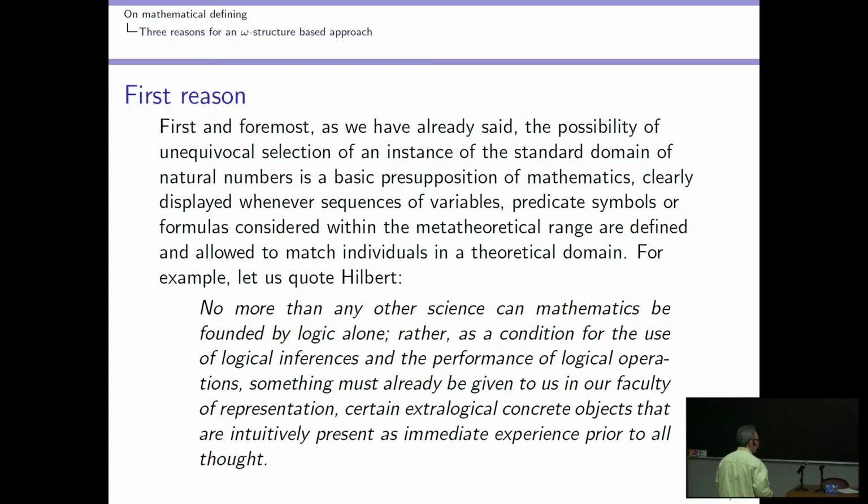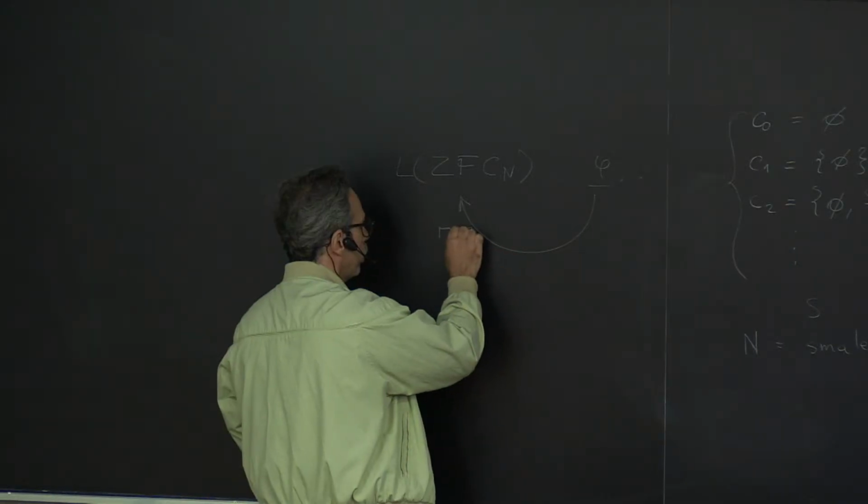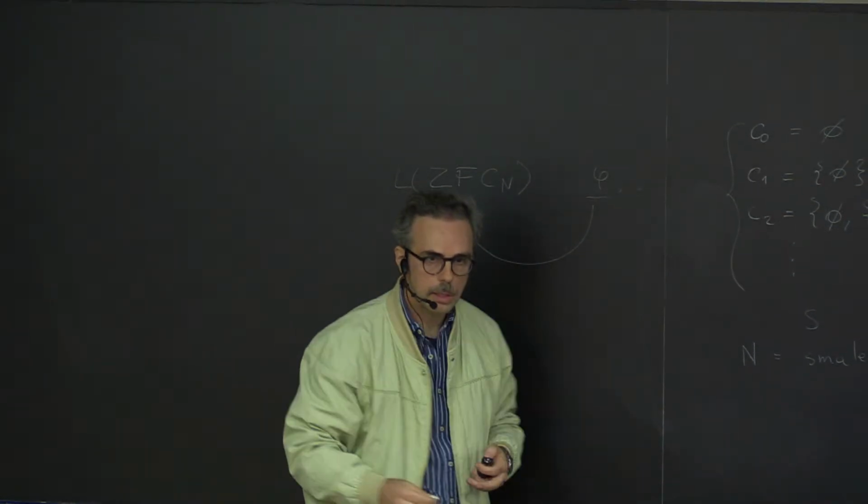So we have these extra-logical concrete objects, right? They are constituted in the meta framework, in the meta mathematics. And you have the internalization of them here through Gödelization, for example.